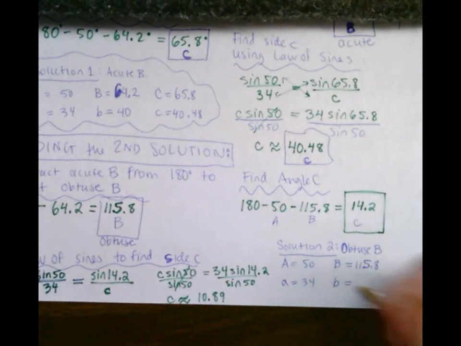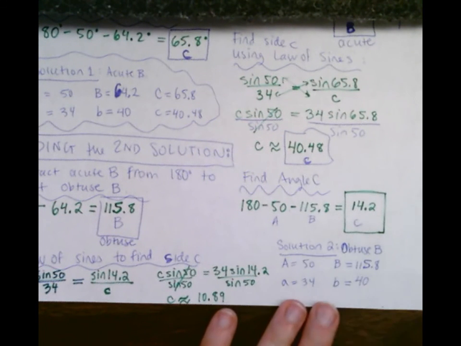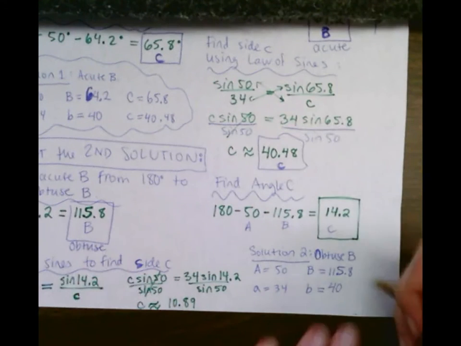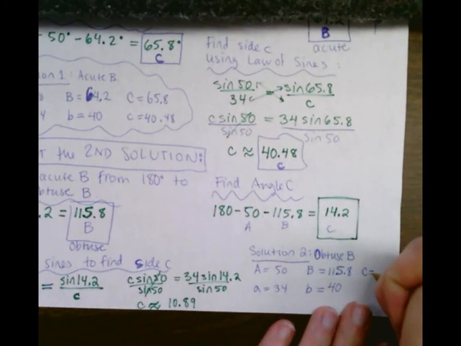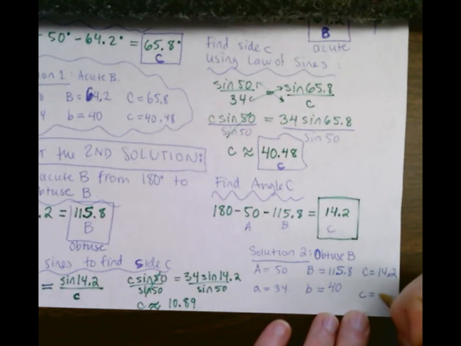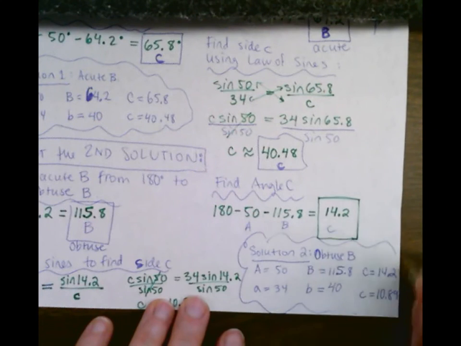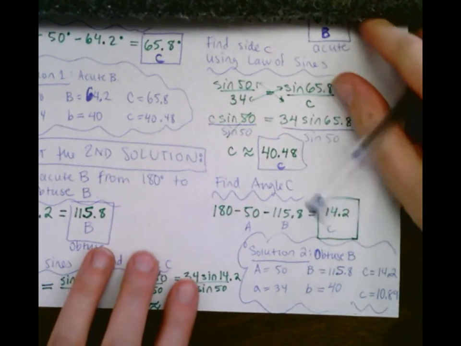And little b is the same as it was before, 40. And then big C is 14.2, and little c is 10.89. So we see when it says 2 solutions, there's actually a lot of values that go into those 2 different solutions.